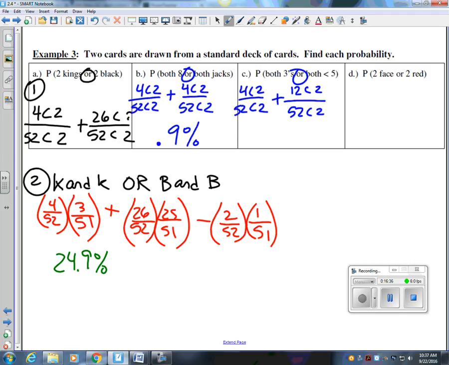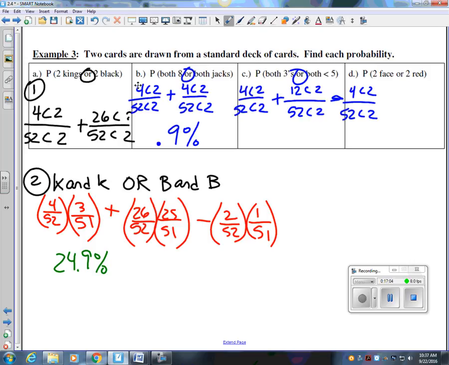All right, are there any cards that are less than 5 and a 3 on the same card? Yes. Which cards are those? The 3s. How many 3s are there? Another shortcut here is the 4 choose 2 and the 4 choose 2 would cancel each other out because you're subtracting that.